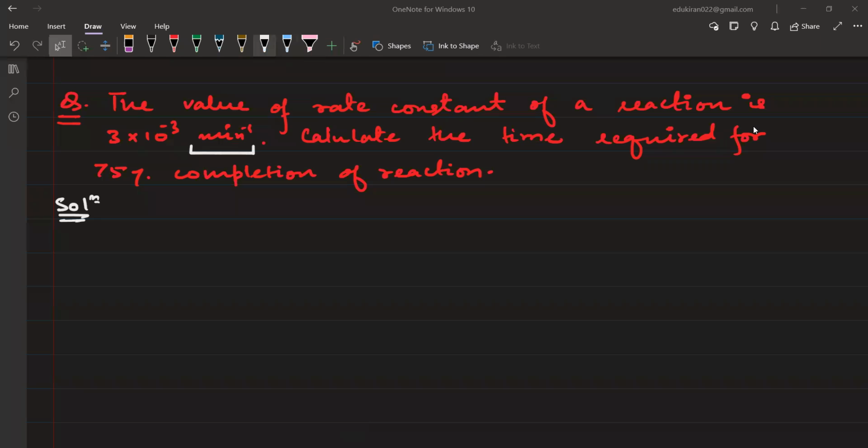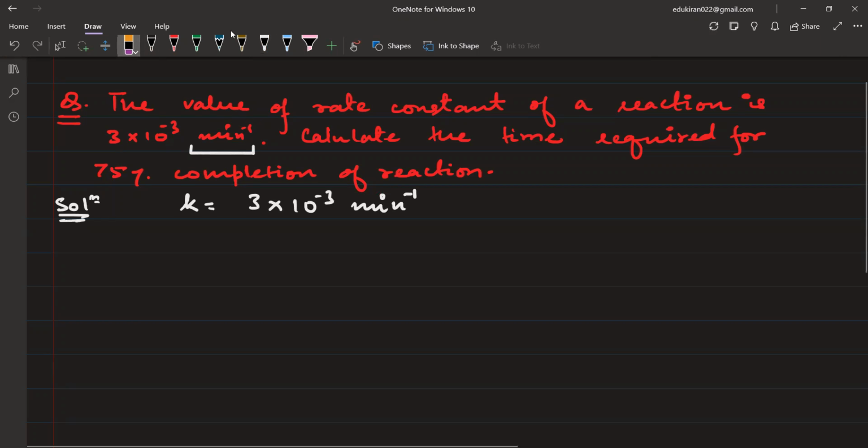Okay, so the first thing, Hishma, is that K is equal to 3 into 10 to the power minus 3 minute inverse. Please write this minute inverse also. Then you have written correctly that the order of reaction is going to be equal to 1 because the power of L is equal to 0, and you just need to add 1 to the power of L, and you will get the answer.